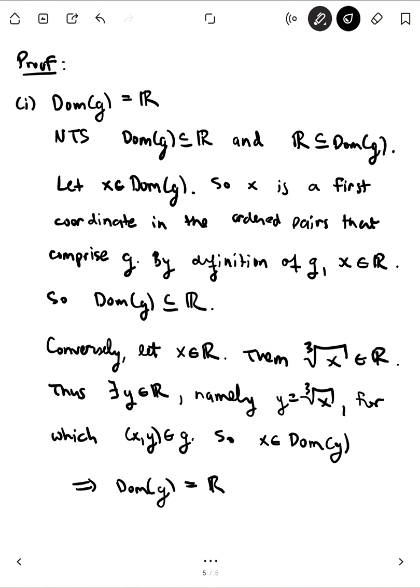And I know this looks like magic a little bit because it just seems like I wrote a lot just to say very little, but I think it's a good idea for you guys to look through this proof and really think deeply of what I'm doing in each step. Okay, so proof continued. This is the second part. We need to show that g is single valued. So suppose (x,u) and (x,v) are elements in g.